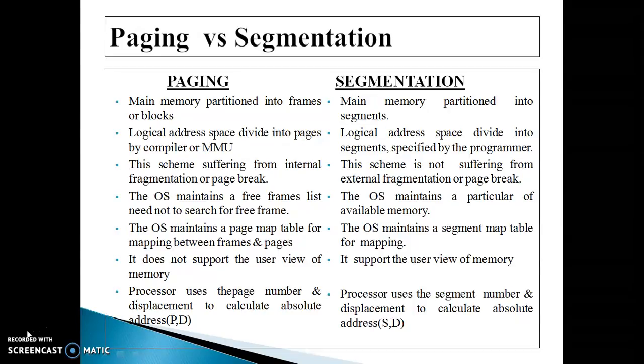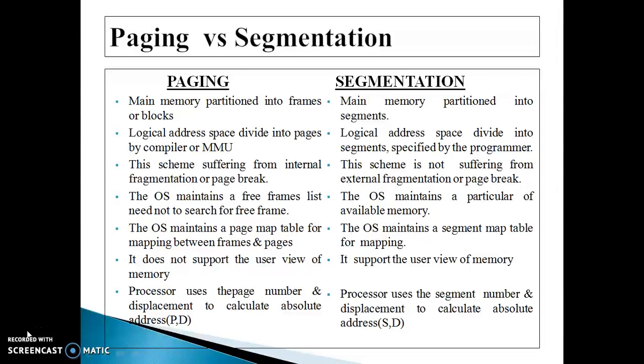Now let's see the comparison between paging and segmentation. In paging, main memory is partitioned into frames or blocks. In segmentation, main memory is partitioned into segments. In paging, logical address space is divided into pages by compiler or MMU, whereas in segmentation, logical address space is divided into segments specified by the programmer.